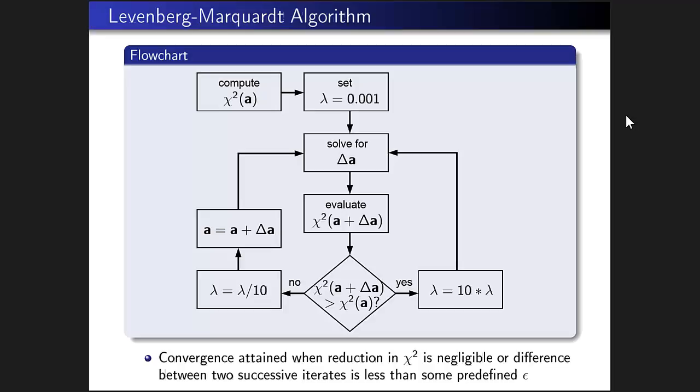If you did reduce chi-squared, then you undo, in a sense, you reduce your lambda by a factor of 10 and you update to that update and you go around. And you converge if the value of chi-squared is under a certain epsilon that you're looking for, or if two successive iterates are less than some epsilon. In fact, you're not improving what you're doing.